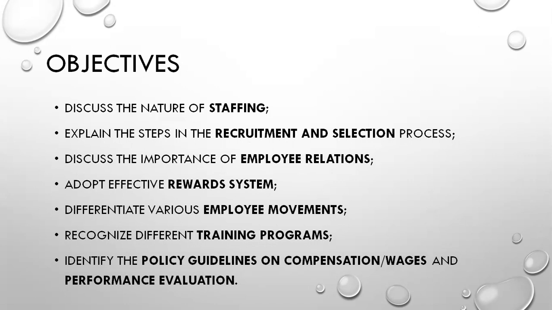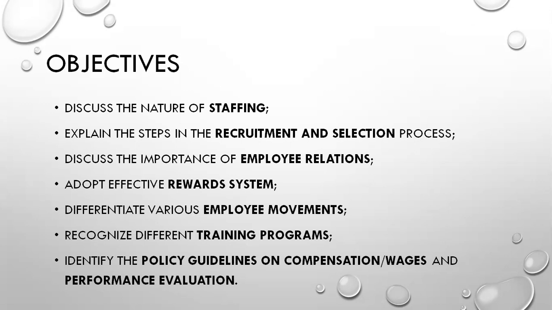So, yung first few lessons natin is all about planning and organizing, di ba? We already have established that when we talk about planning, this is wherein we set our goals. It's a thorough understanding of your mission and vision so that you would be able to identify the goals and objectives of the company. And then after planning, we have organizing, wherein we identify the different activities that we should do to be able to achieve the goals and objectives of the company.